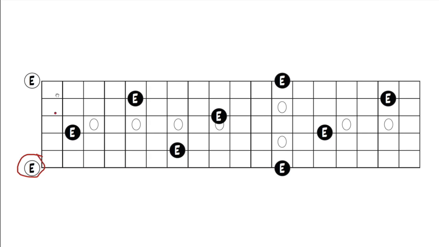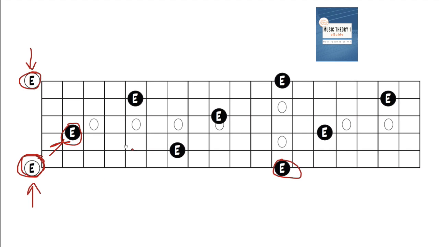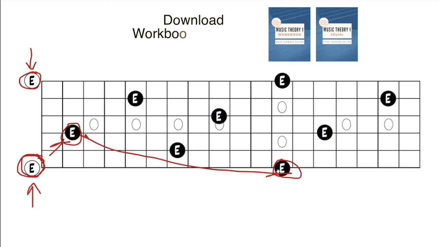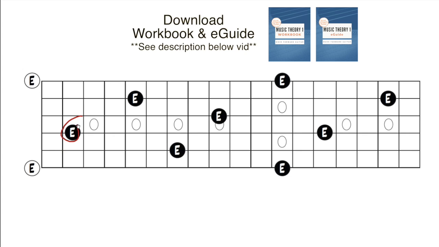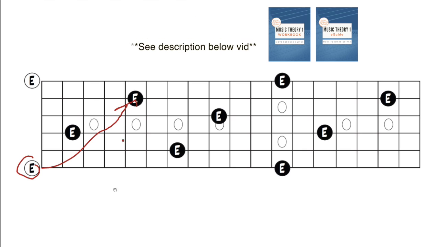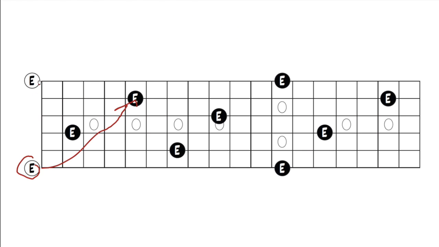But from here to here is 2 octaves. So this one right here is 2 octaves higher than this one. This one to this one is an octave apart, which would be 12 frets, which would be the same note as this. But from here to here is an octave apart, which means that from here to here is 2 octaves apart, which you can see right here.